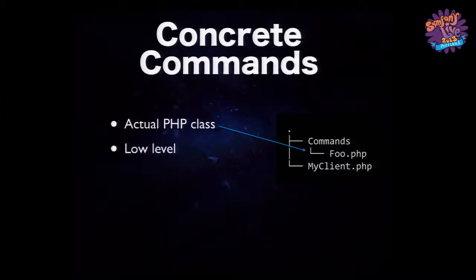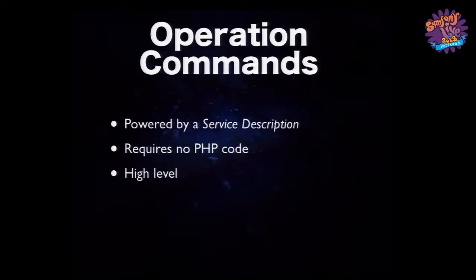These are more low level, I think, and they are more tightly coupled to an API. I think that they're harder to test and they're harder to write as well. So that's why operation commands are a nice feature, in that these are powered by a service description, so you don't have to write PHP code. You just write that description that says what things are and where they go and how they get sent. And it's a lot higher level. It's an easier abstraction to work with.